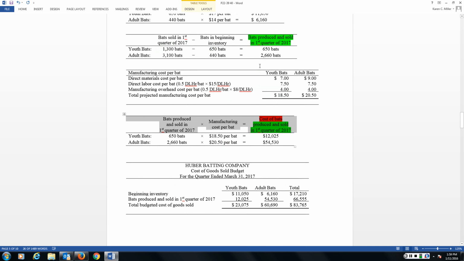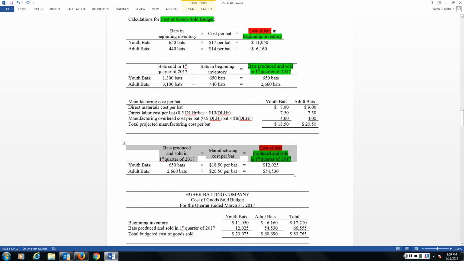Okay, so if we simply pull that together, let me give you enough screen that you can see both. From the beginning inventory, the first sales, first in, first out, means the first items that I sell, the costs are going to come out of beginning inventory. The $11,050 for youth, the $6,160 for adults, for $17,210. Then I need the cost of the bats that were produced and sold.